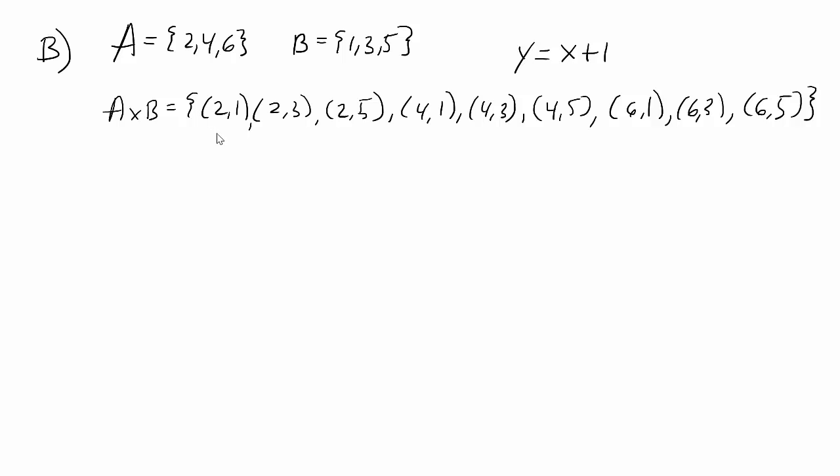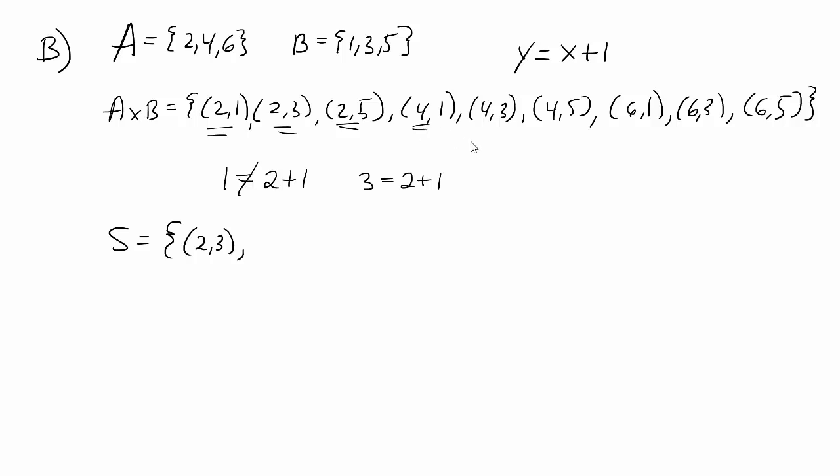All right, so let's see. Is this in there? Does 1 equal 2 plus 1? No. Is this one in there? Does 3 equal 2 plus 1? Yes, so that would be in S. Is this ordered pair in there? Just by looking at it, that's not going to be in there.